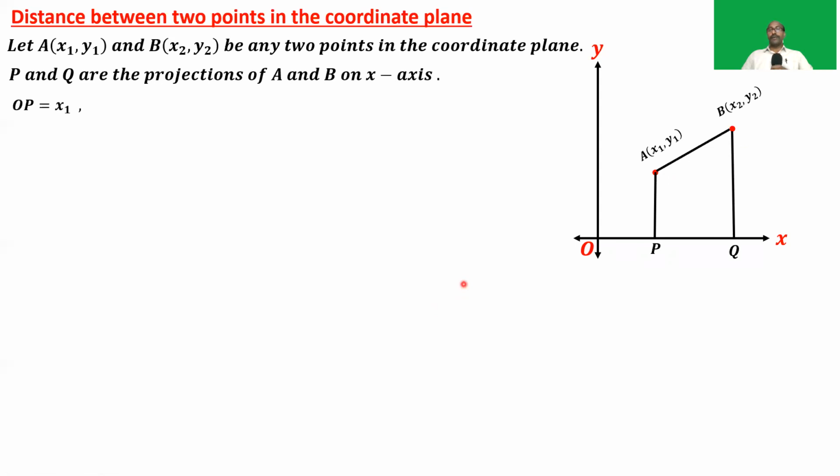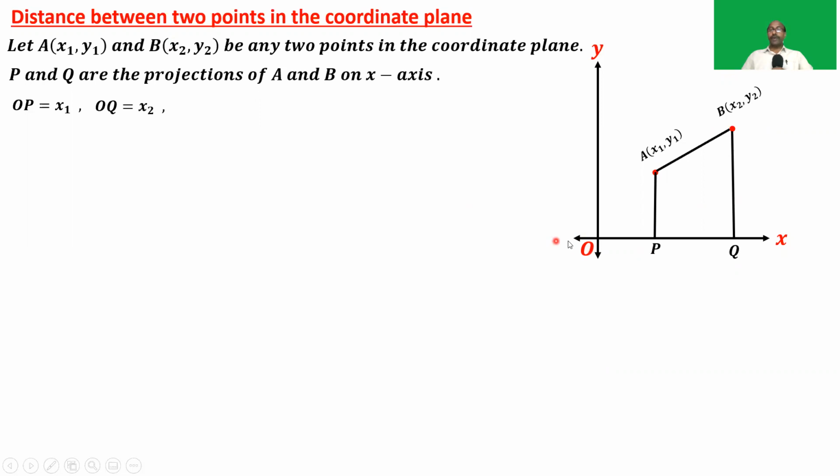Now, OP, the distance from A to x-axis, is equal to its y coordinate. AP is y1 and OP is x1. OP is x1, AP is y1.